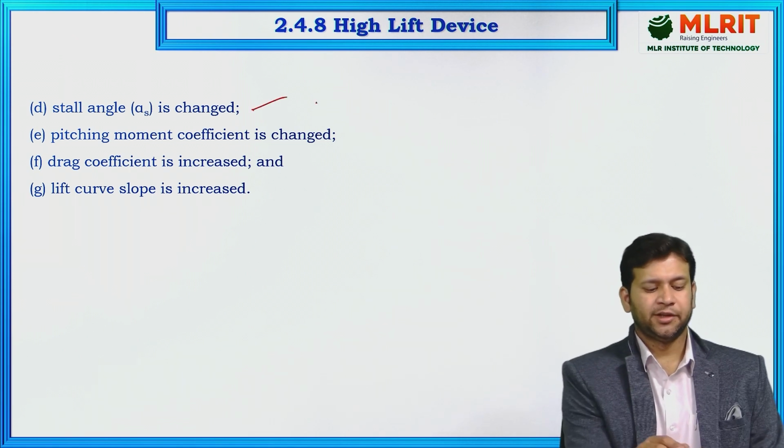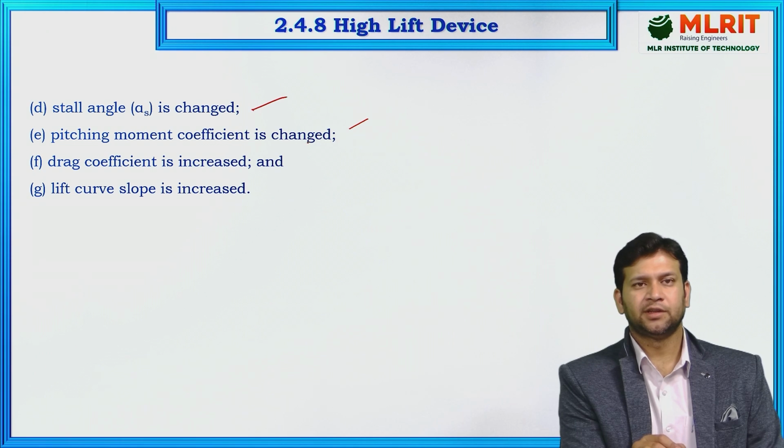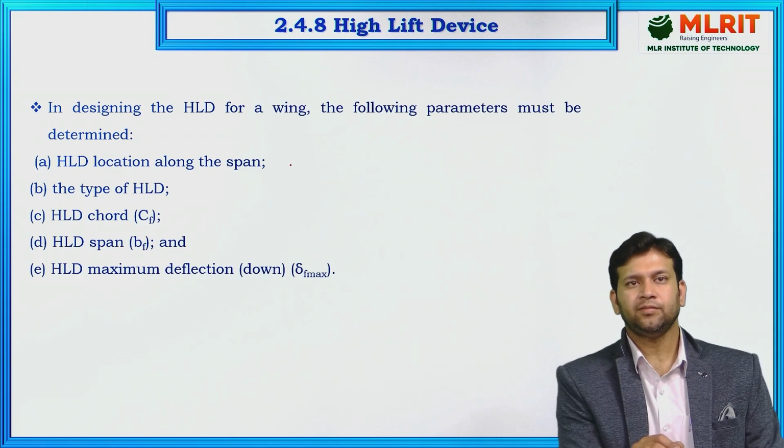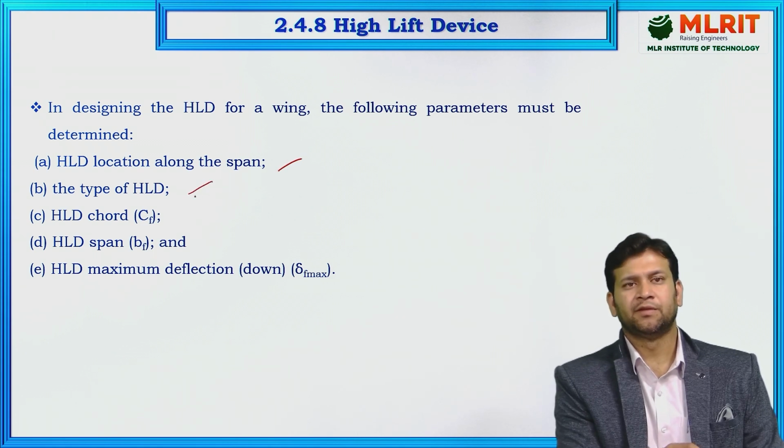Stall angle is changed, pitching moment coefficient is changed, drag coefficient is increased, lift curve slope is increased. In designing the high lifting device for a wing, the following parameters must be determined: the location of the high lifting device along the span, the type of high lifting device, the high lifting device chord, high lifting device span, high lifting device maximum deflection.